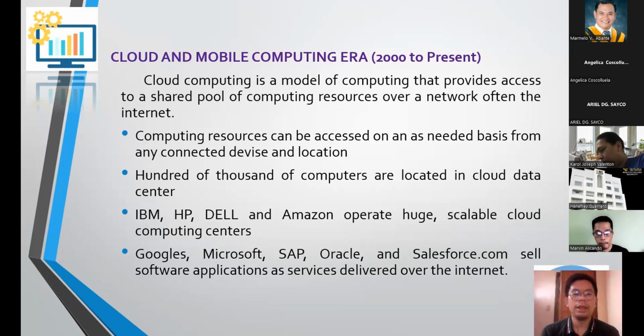So cloud computing can provide computing resources through a network, usually the internet, that connects to computers, storage, applications, and services that can be accessed on an as-needed basis from any connected device and location.